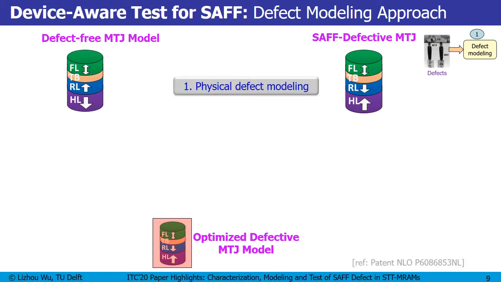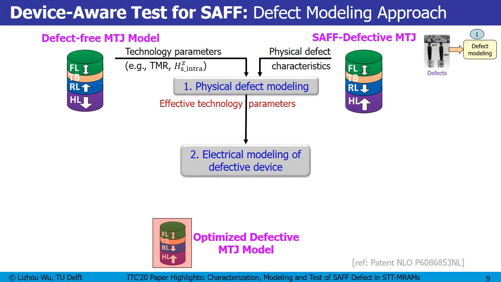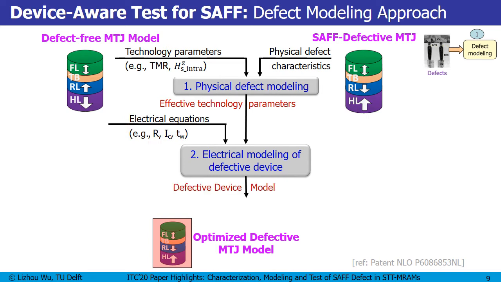The first step we do is physical defect modeling. We categorize the physical defect based on silicon measurements. Then we identify the technology parameters that are influenced by the defects. And then we incorporate the effects of the physical defect into the technology parameters. The second step is electrical modeling of the defective device, which means we map the effective technology parameters into the electrical parameters.